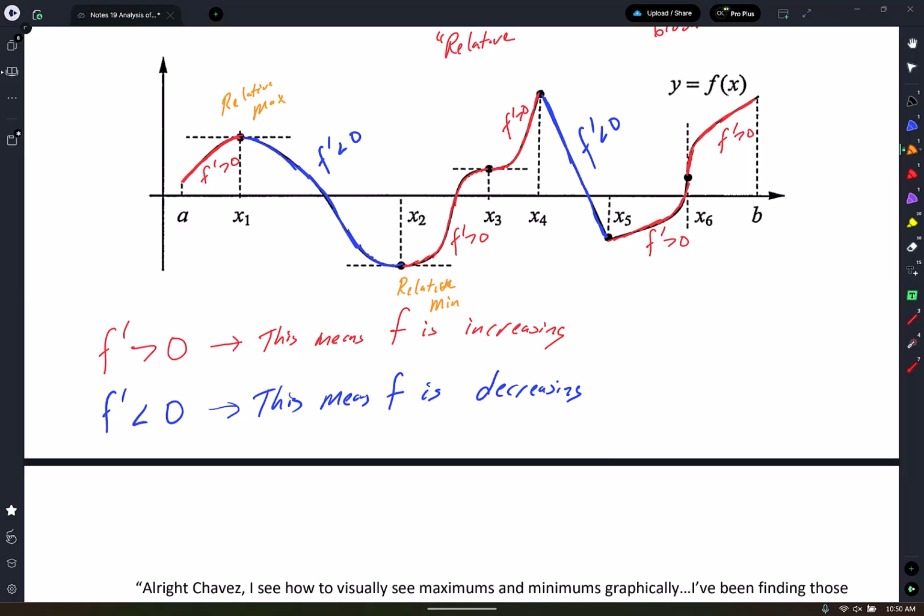X3 is nothing, so don't label X3. X4 is a relative max. X5 is a relative min. And X6 is nothing. And then we'll look back at A and B in a little bit, but for now, those are the big ones. You know what? I'll just go ahead and label them already.